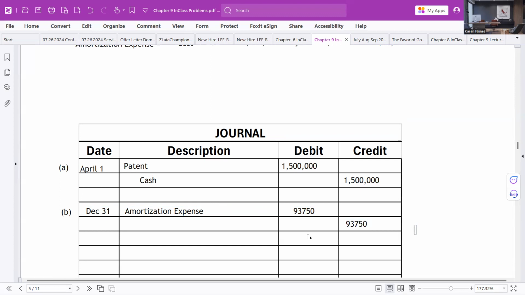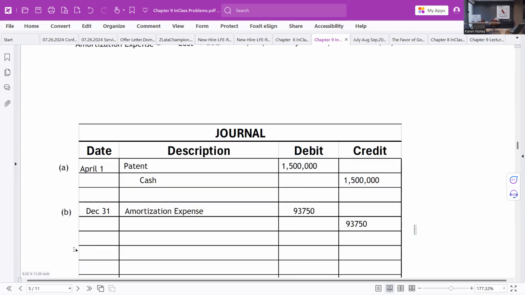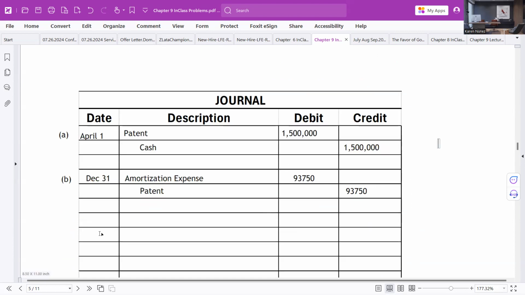And that gives us our amortization. Oh, I'm sorry, I didn't fill in the rest of my entry here. The credit always goes to the related asset account. We're going to credit the patent account.